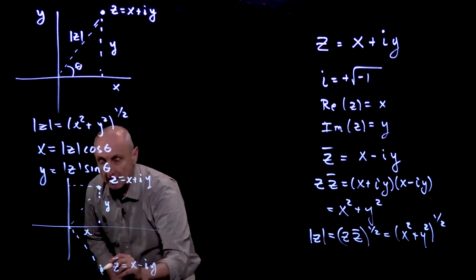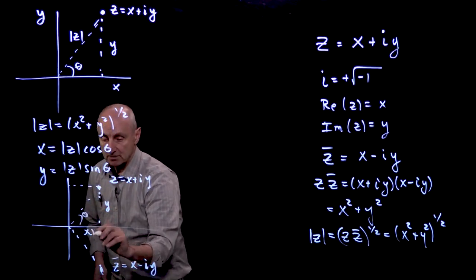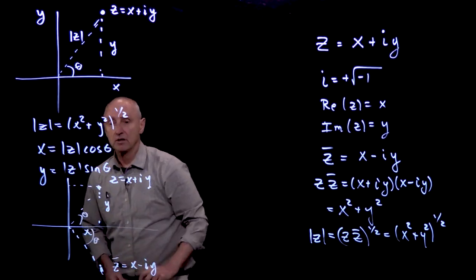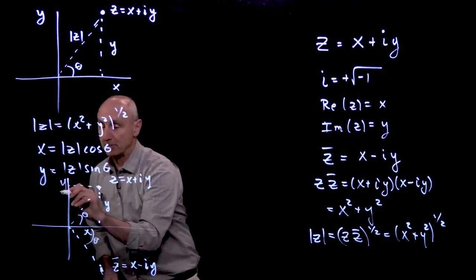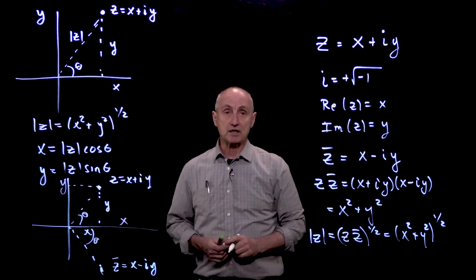So we're just having a negative imaginary part. This would be an angle theta, and this makes the same angle theta in that plane of representing the complex number. So this is our first start on representing complex numbers.